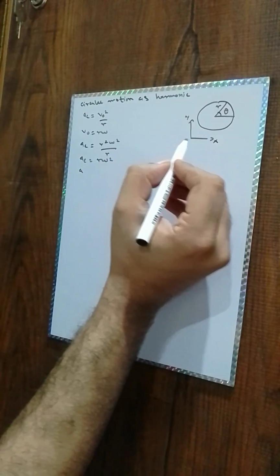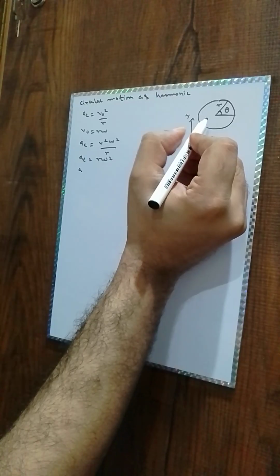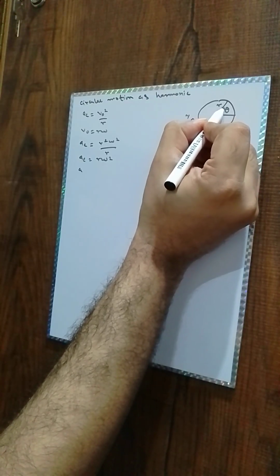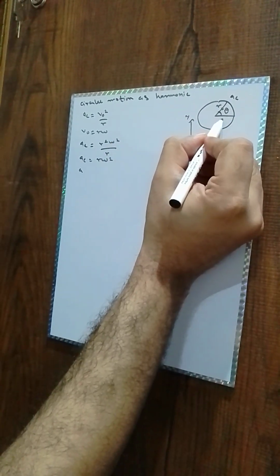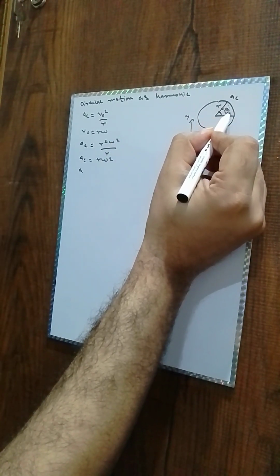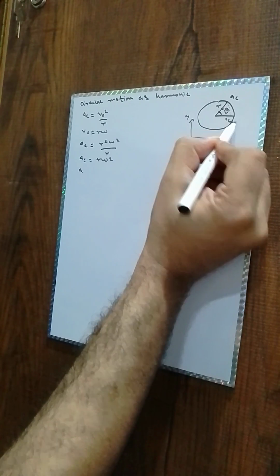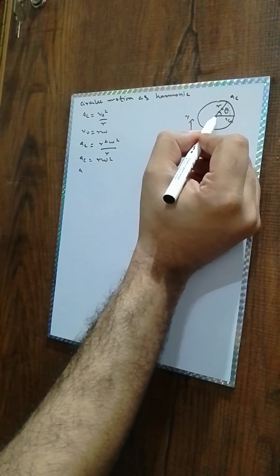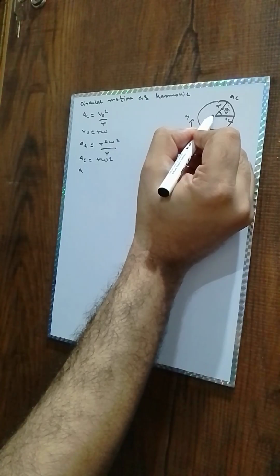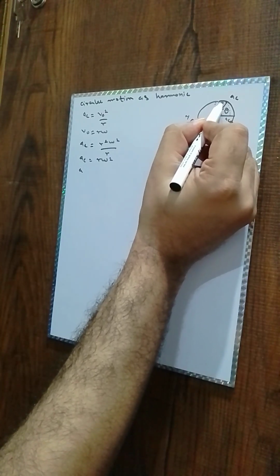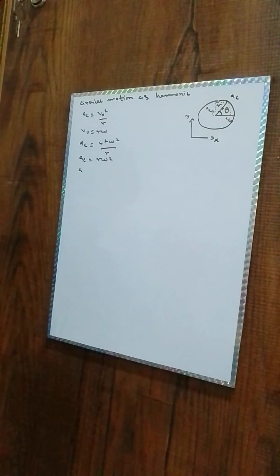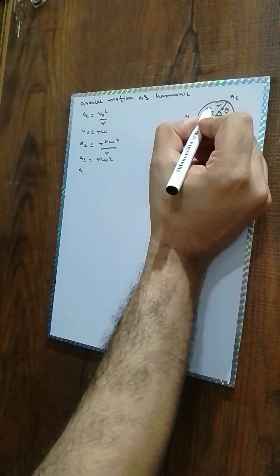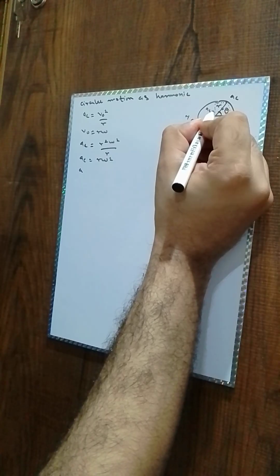Now it has components. You see, AC is directed towards the center, but it has components. Let's say we make a projection and ACX is here, and then ACY would be somewhere around here. Yes, ACY, the vertical component of the centripetal acceleration.